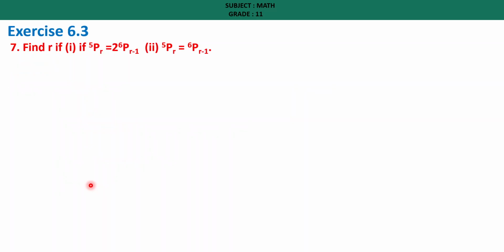Let us solve question number 7. Find r if 5Pr is equal to 2 into 6P(r minus 1). Second one, 5Pr is equal to 6 into P(r minus 1). Solution. Given 5Pr is equal to 2 into 6P(r minus 1), we know that nPr is equal to n factorial divided by n minus r factorial.